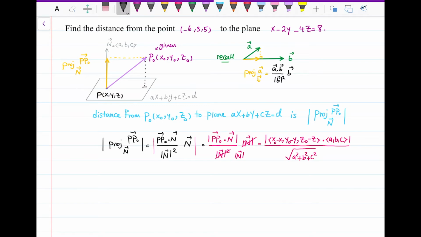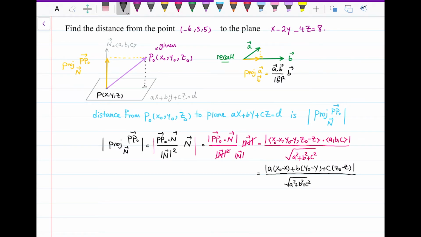Okay, so let me simplify that a little. I cannot simplify the denominator even more: square root of a squared plus b squared plus c squared. How about the top? I have a dot product. It would be a(x0 minus x) plus b(y0 minus y) plus c(z0 minus z).